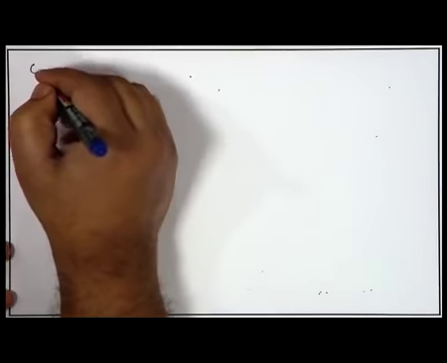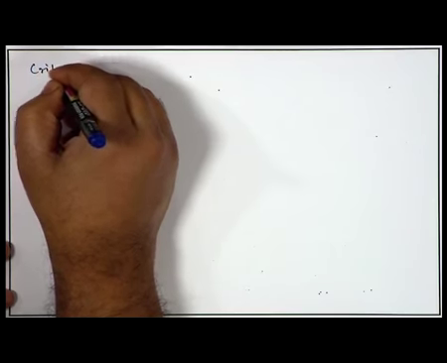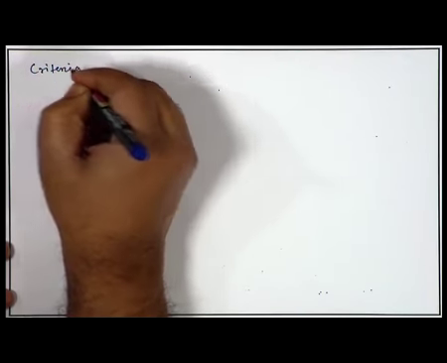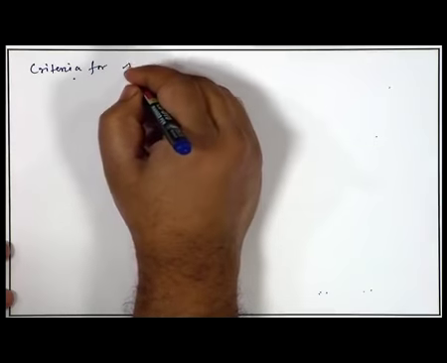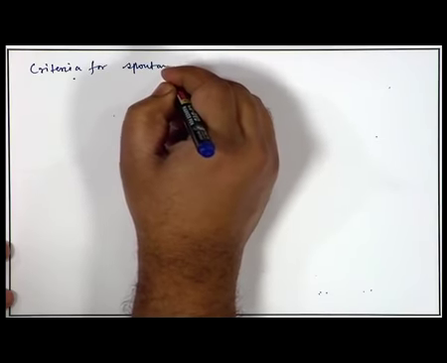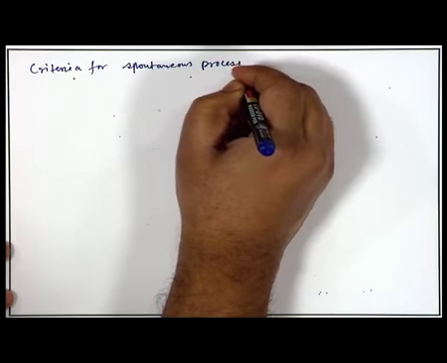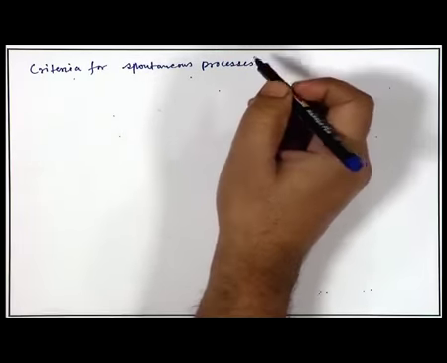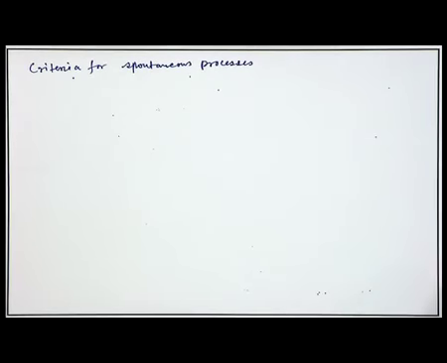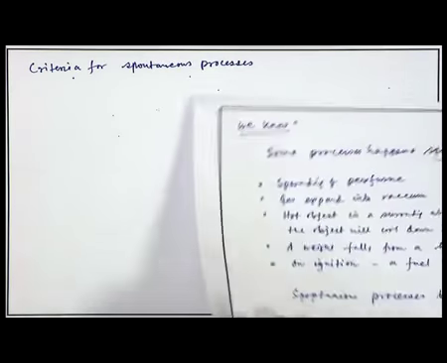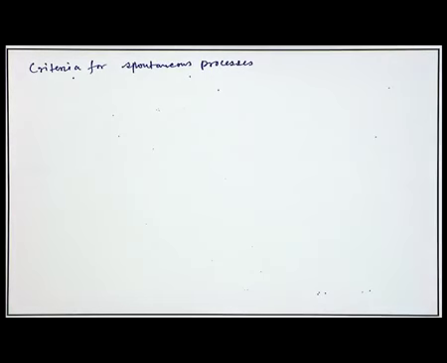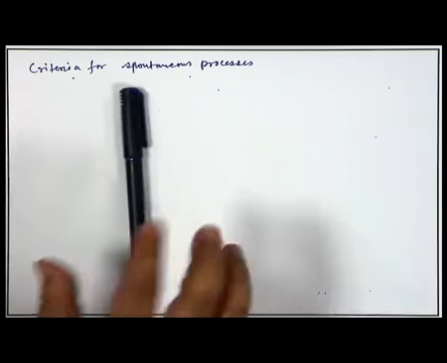Now, what should be the criteria for spontaneous processes, or spontaneity? If I go back and look at some examples, like the temperature: I have kept this pen which has a higher temperature here.